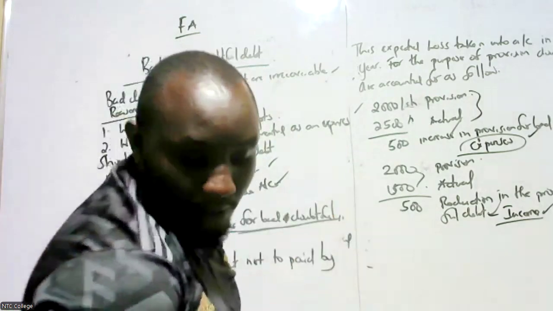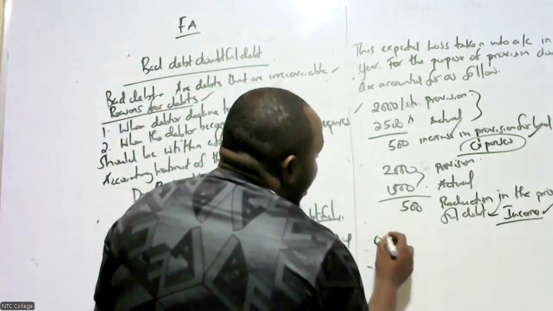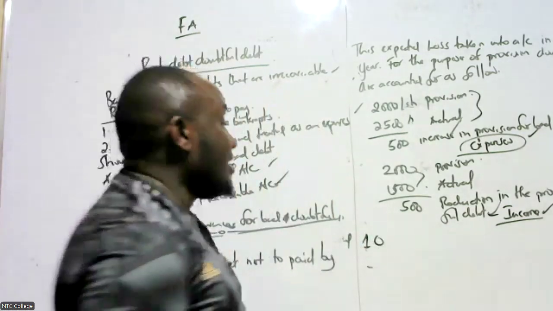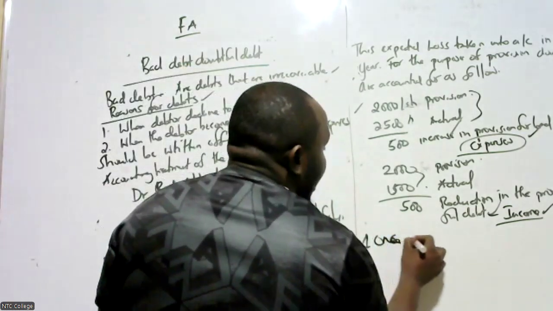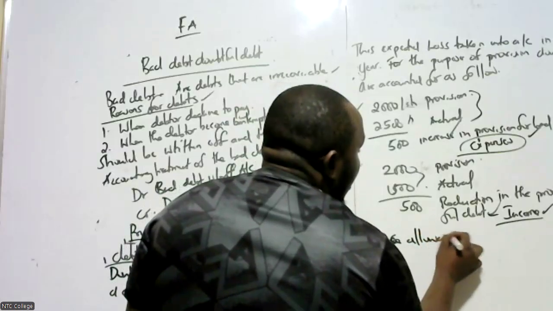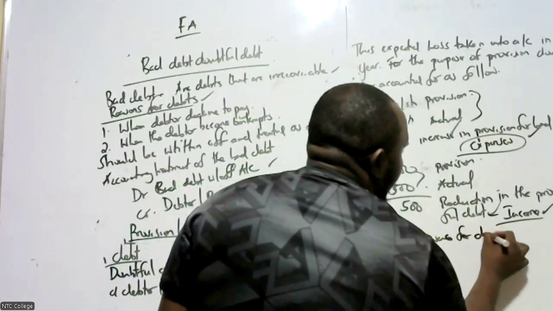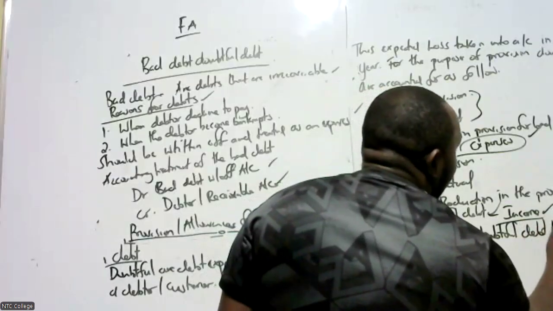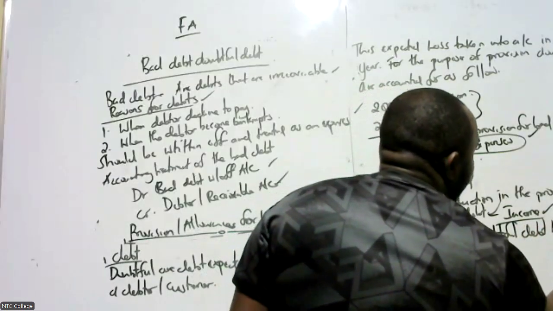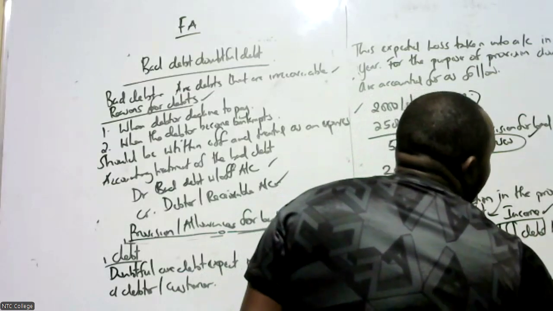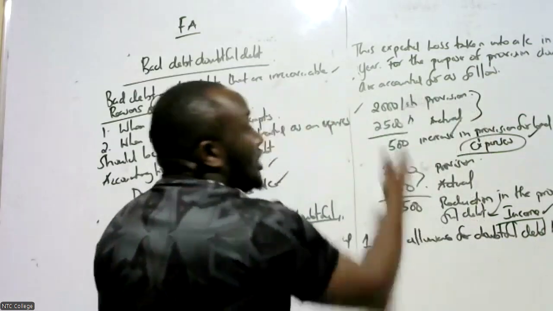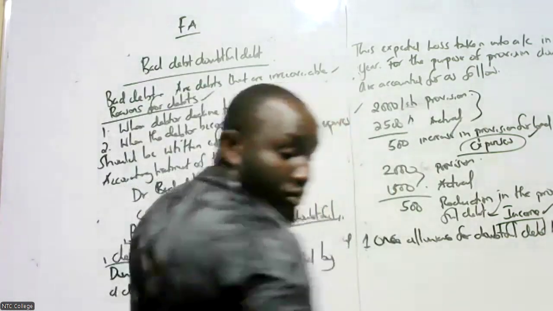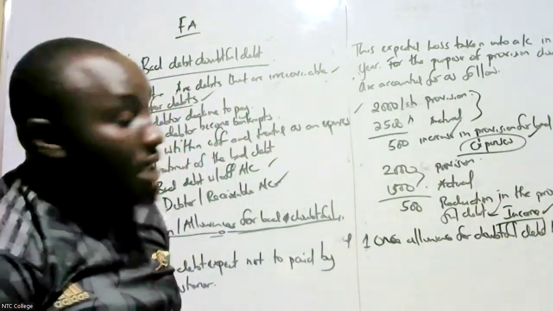So we can have the first scenario. Scenario 1: once an allowance for doubtful debt has been created, once you create that account, basically what are we going to do?